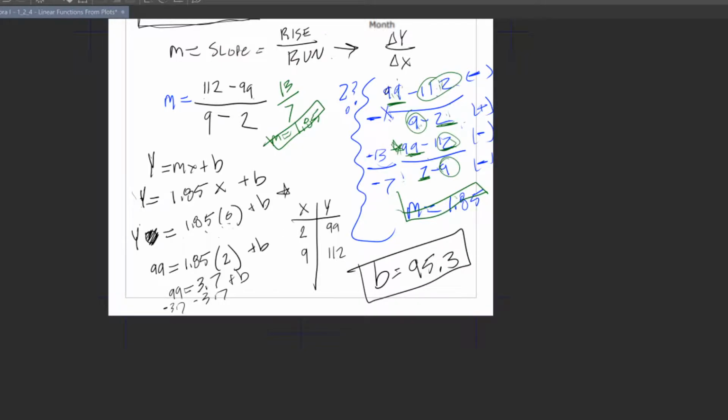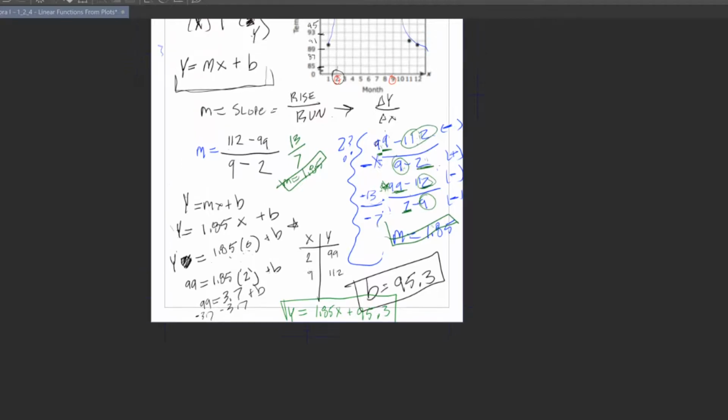So what is our total equation here after adding everything together? We get, and pardon me for the space, y equals 1.85x plus 95.3. And that is our equation for this problem.